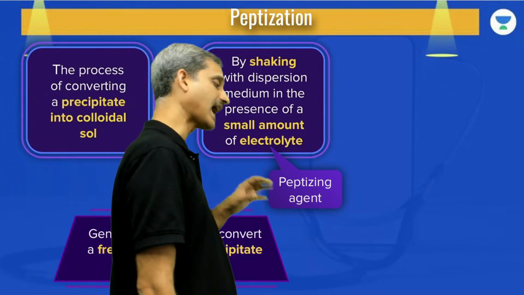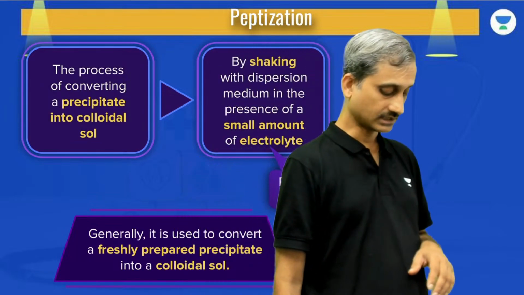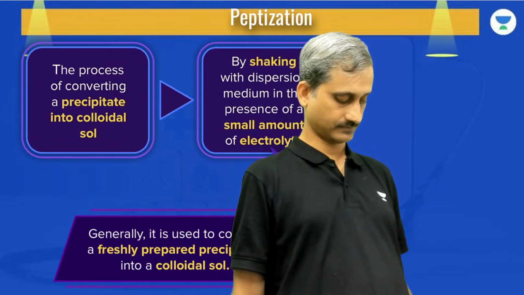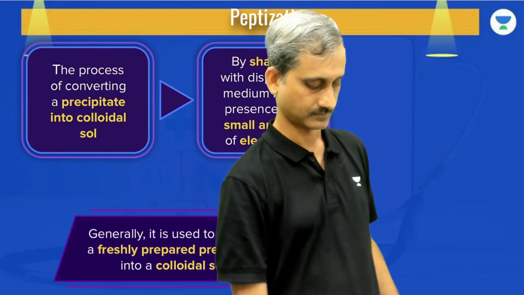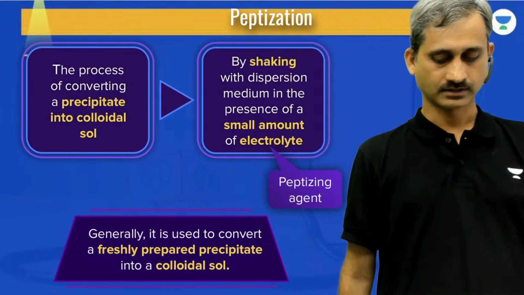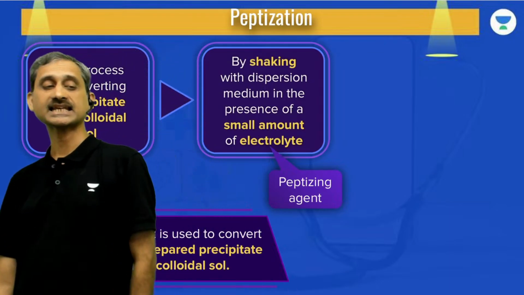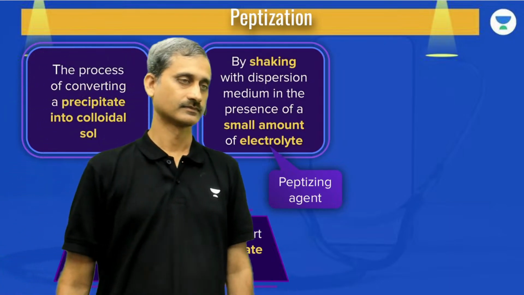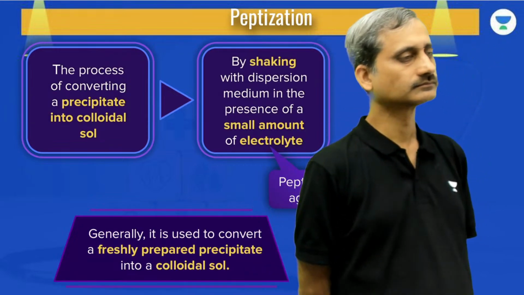The substance which we add to convert that fresh precipitate into the colloid is called the peptizing agent. Is that clear? So we have something called the peptizing agent.